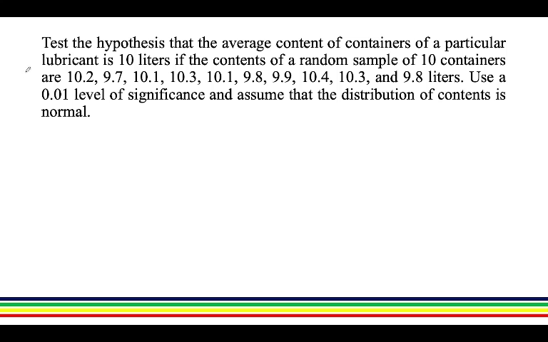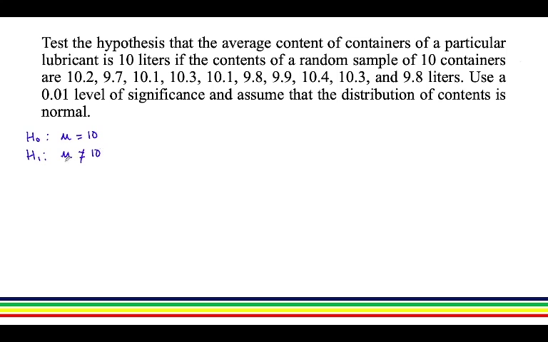So from the problem, we can say that our H0 is the population mean is equivalent to 10 liters. On the other hand, our alternative hypothesis is our population mean is not equal to 10.